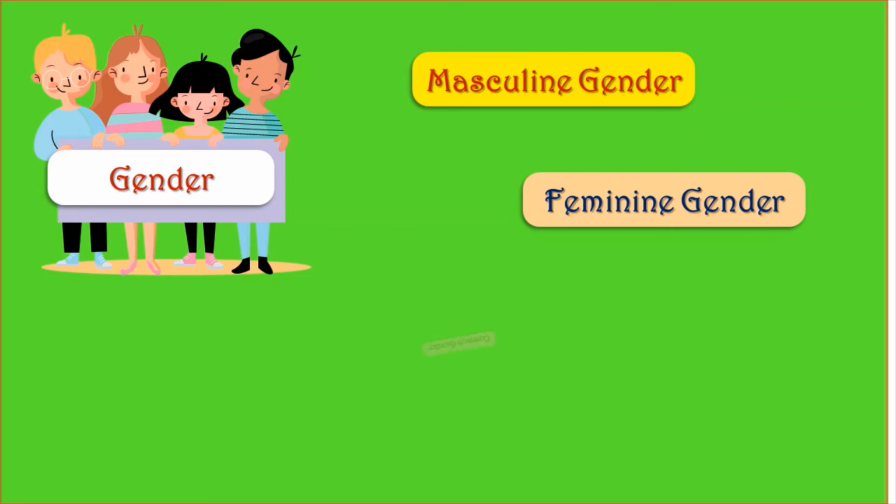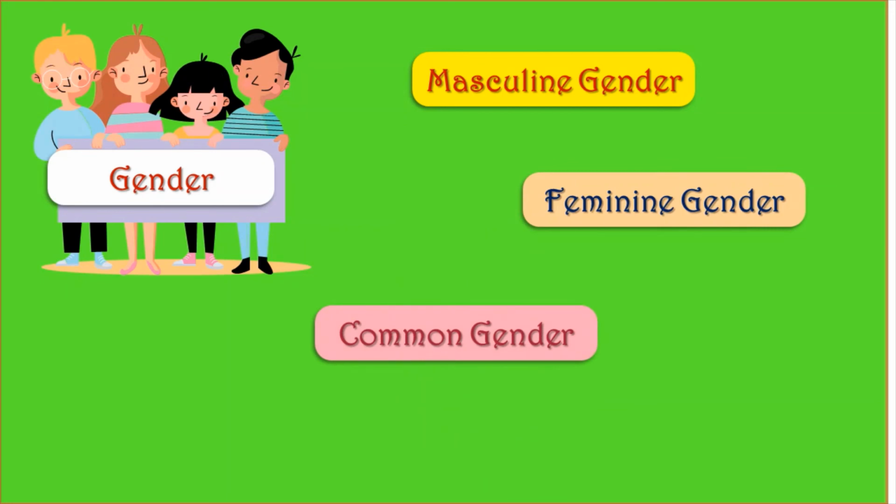The third type is common gender. All the nouns that can be male as well as female are said to belong to common gender. And the last type of gender is neuter gender, which refers to things, non-living things, which can neither be a male nor a female.